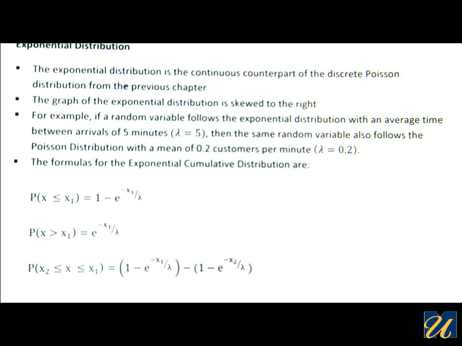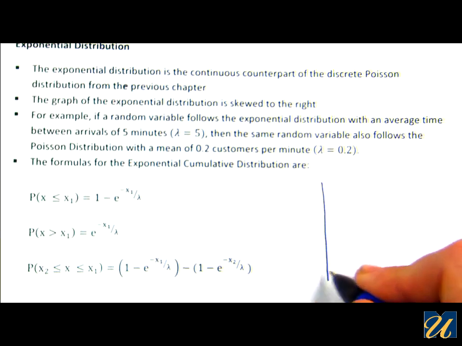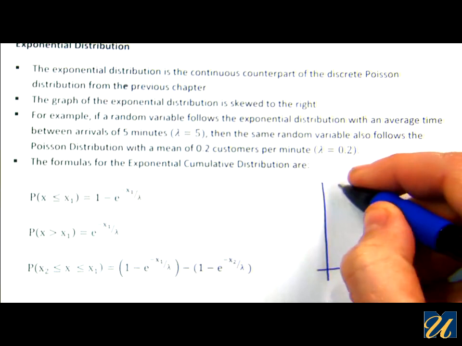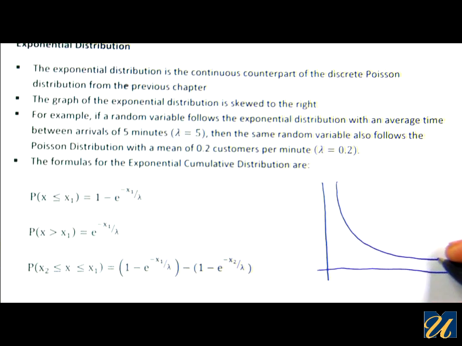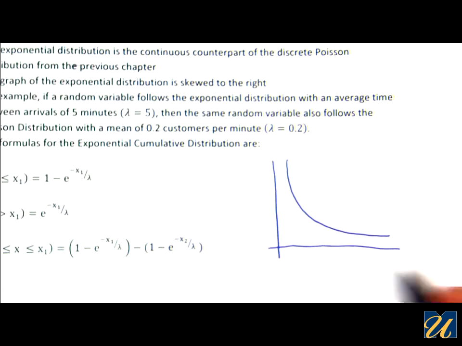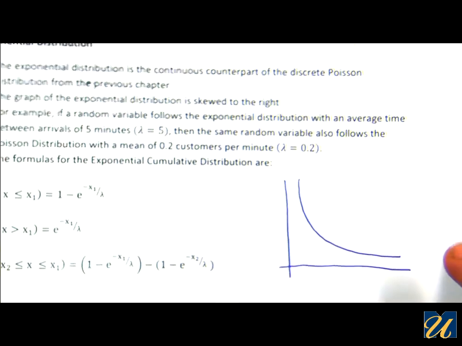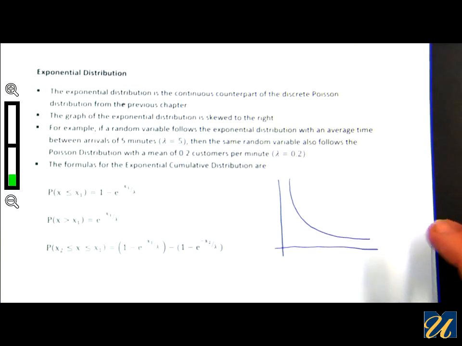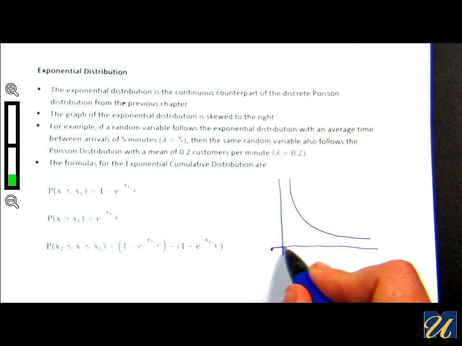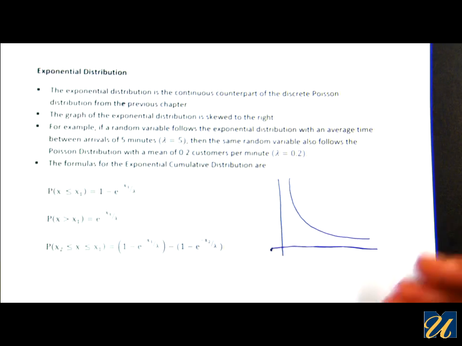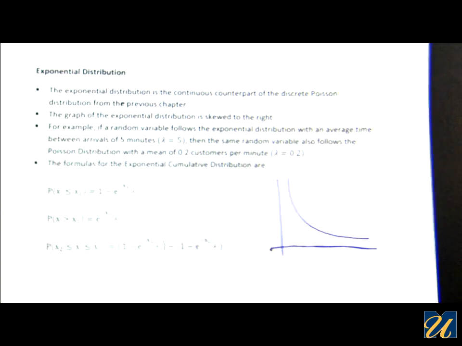And then if you're looking for an area between 2 values, just to explain it a bit more, when you have your exponential distribution, this is how it would look. So the only thing given to you would be your average. So there's really no ending to your distribution.